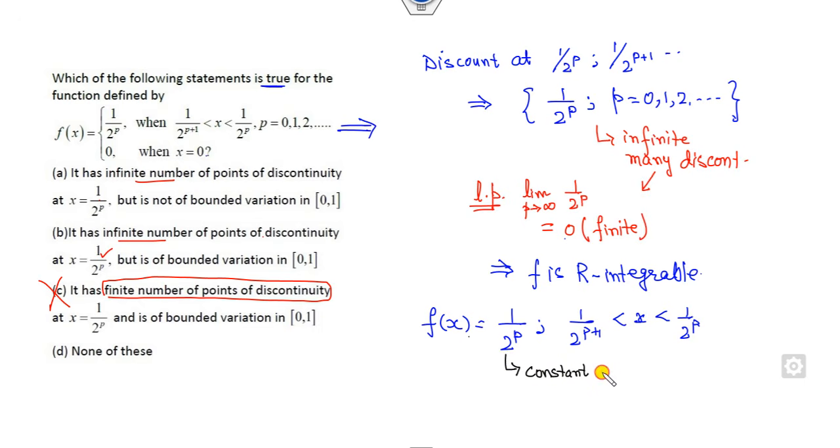Fine. So every constant function is a continuous function, or you can say every constant function is bounded plus monotonic. If it's bounded and monotonic over this domain, what does it mean? It is of bounded variation. So f is of bounded variation. The option saying it's not bounded variation is cancelled. It's a bounded variation. B is correct. So none of this is also cancelled out. B is the correct answer of this problem.